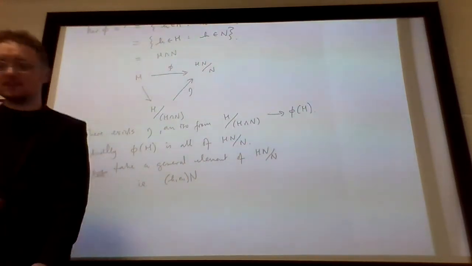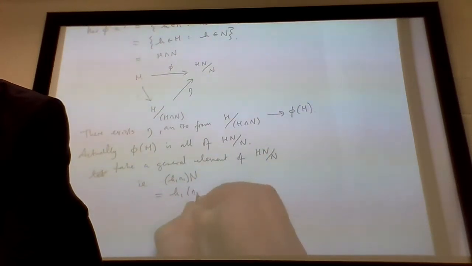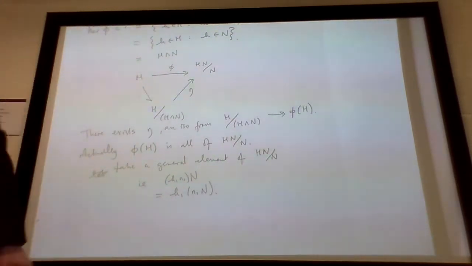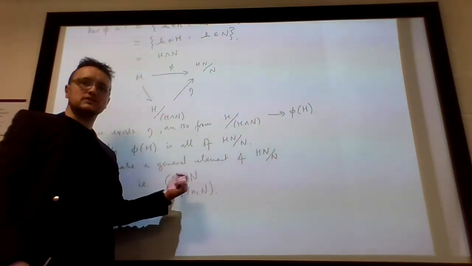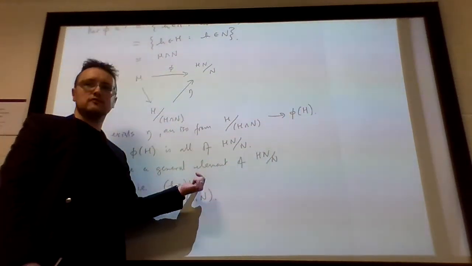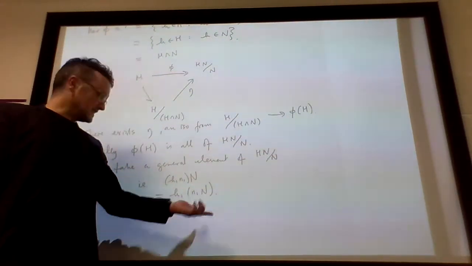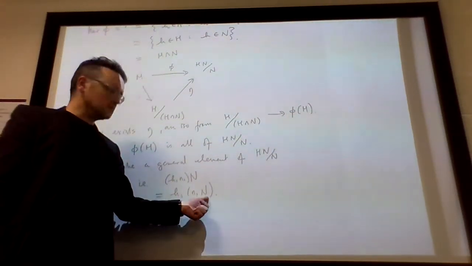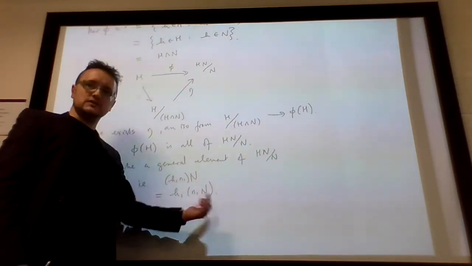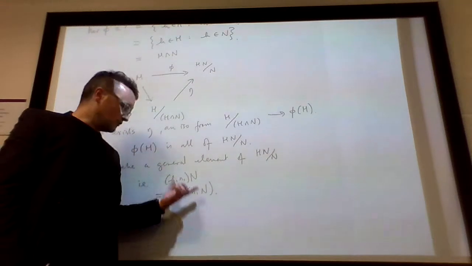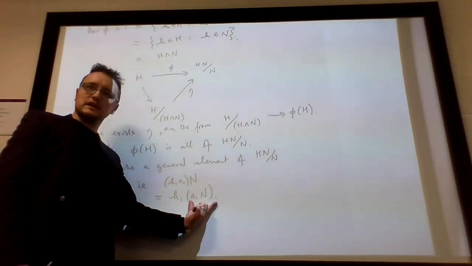Now, by associativity, you can write that as this. Remember, this thing is a set of triple products, h1n1, something general from N. This is a set of triple products, exactly the same thing. But by associativity, the triple product is unambiguous. But for our emphasis, we instead place the brackets there.